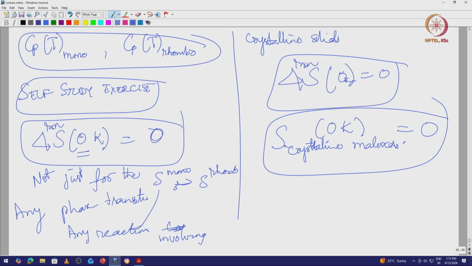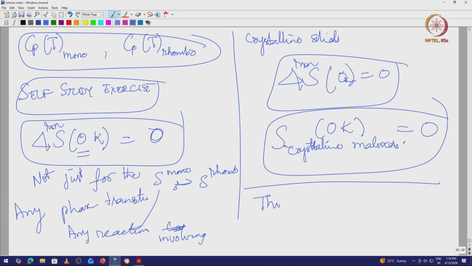This is in 1937, the paper that I was showing you, the sulfur mono to sulfur rhombo phase transition. And so people have computed the values of S at 0 Kelvin for several such reactions involving proper crystals, proper minerals.